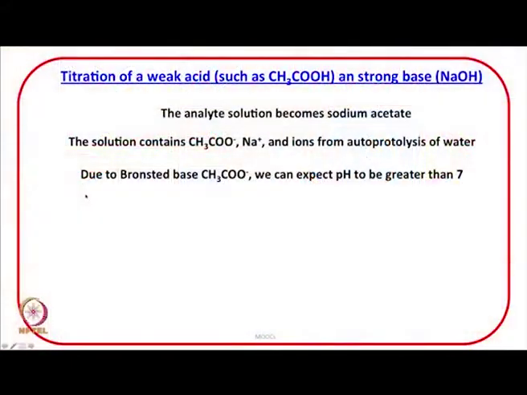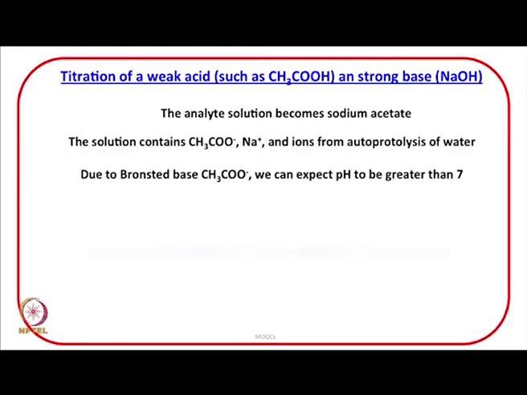So, that is what is commented over here in the slide, that due to Bronsted base CH3COO minus, we can expect the pH to be greater than 7. This is the scenario when you titrate a weak acid with a strong base.